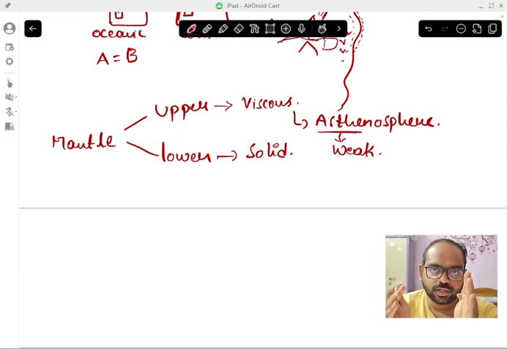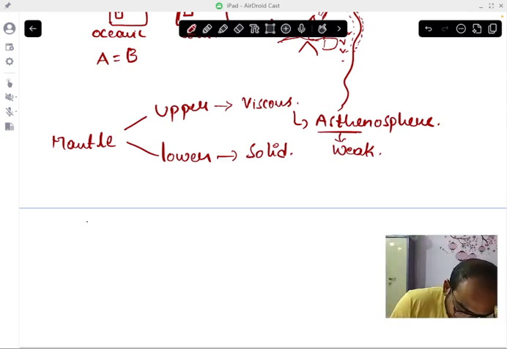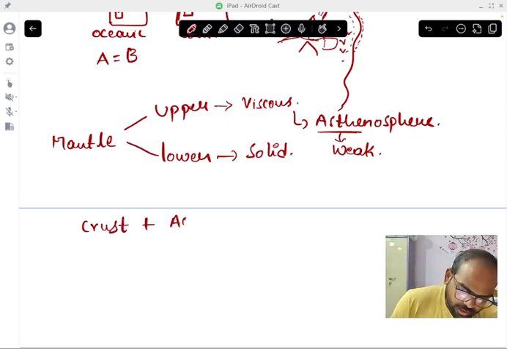It's not compact like a solid, but not as loose as a liquid. It is weak in nature like a jelly. We call it the asthenosphere. Crust plus asthenosphere, or upper mantle, is together called the lithosphere.